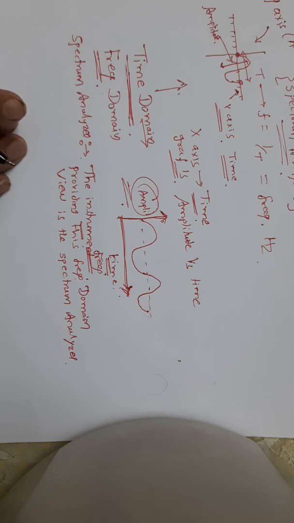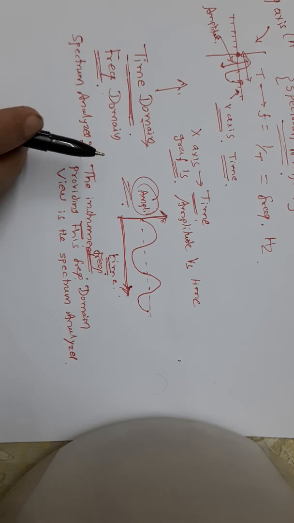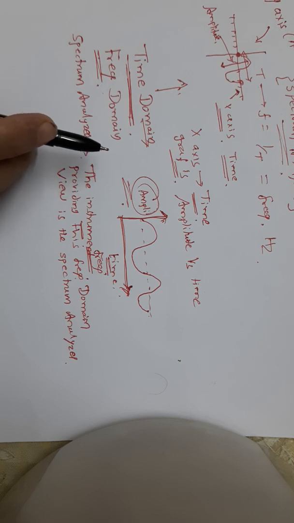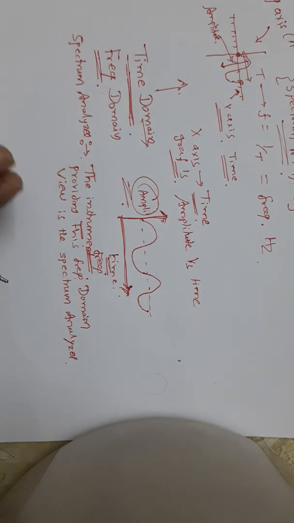The height represents the absolute magnitude, or amplitude, and the horizontal location represents the frequency. This instrument provides a display of the frequency spectrum over a given frequency band. Spectrum analyzers use either a parallel filter bank or a swept frequency technique.